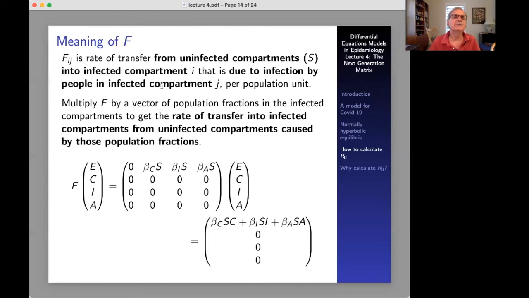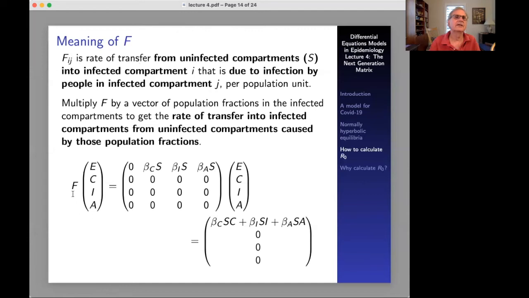So if we multiply the matrix F by a vector of population fractions in the infected compartments, what we'll end up with is the rate of transfer from uninfected compartments into infected compartment I that is caused by those population fractions.